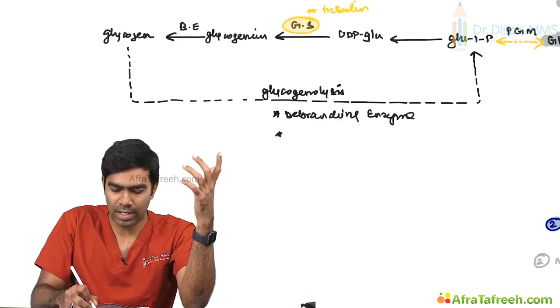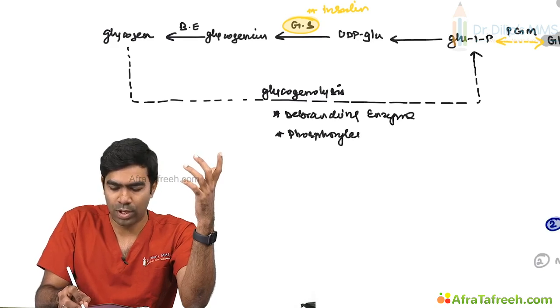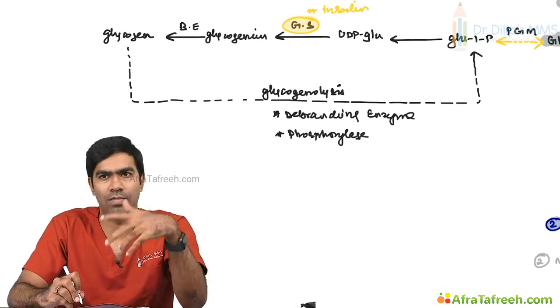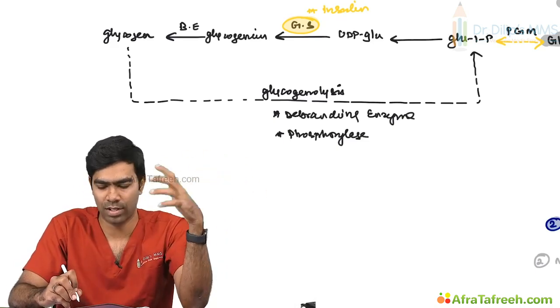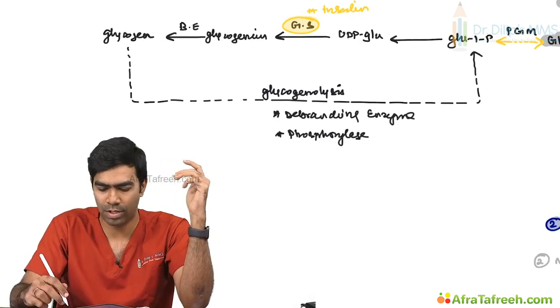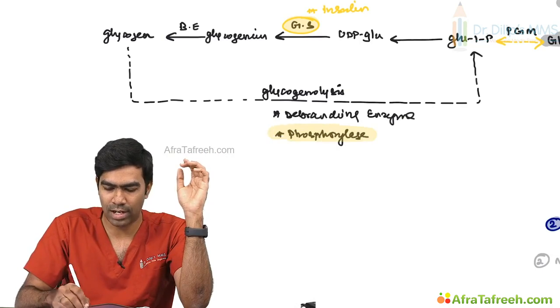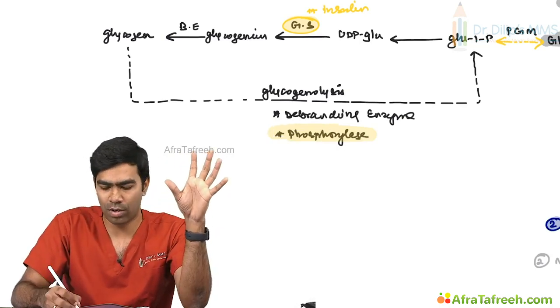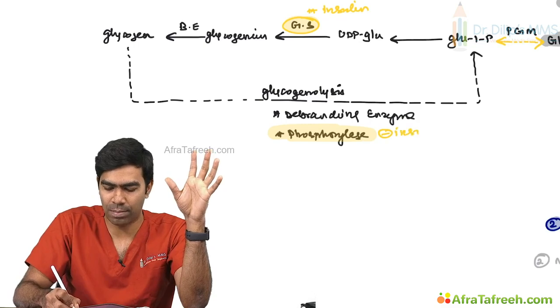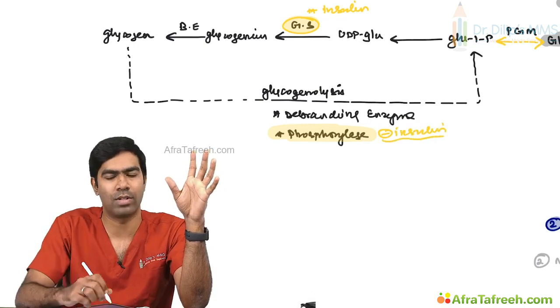And you will need another enzyme called glycogen phosphorylase as well. There are two types of glycogen phosphorylase, the muscle phosphorylase and the liver phosphorylase, which is not important right now. So let us assume there is something called a phosphorylase. This phosphorylase enzyme once again is under good hormonal control, where it will be repressed, inhibited by insulin.